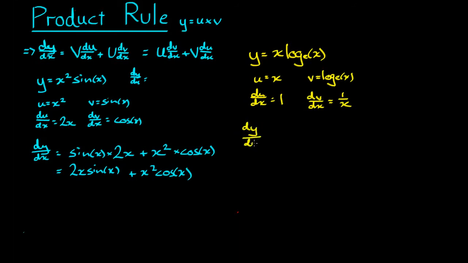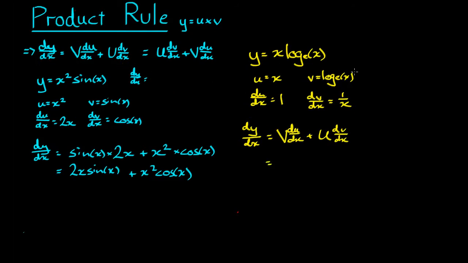dy/dx is equal to the formula v du/dx plus u dv/dx. It's the same one we have up there. Now we substitute in.